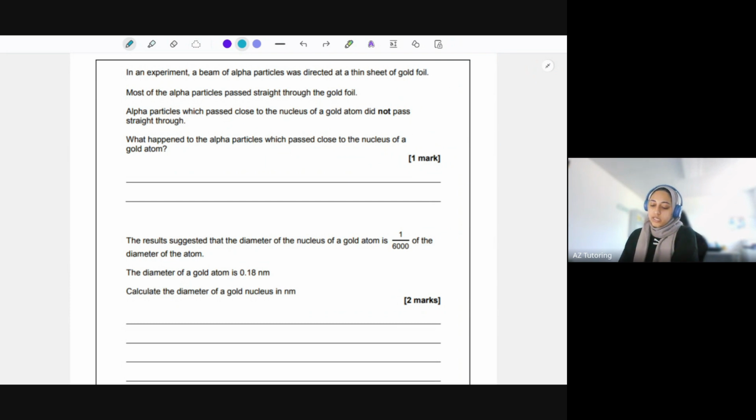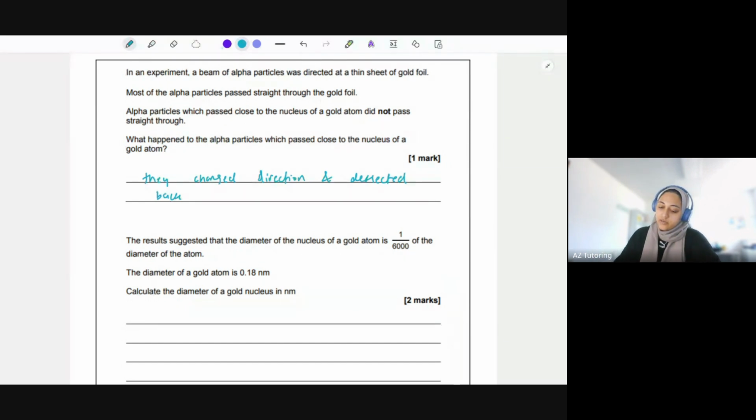So what happened to these alpha particles which passed close? So the ones that did not pass straight through, they essentially deflected back. So you could say they changed direction and deflected back. So remember, some went straight through and then some also got deflected back.